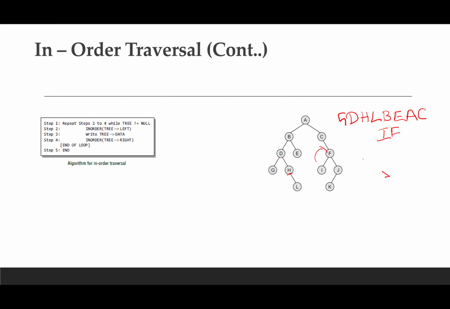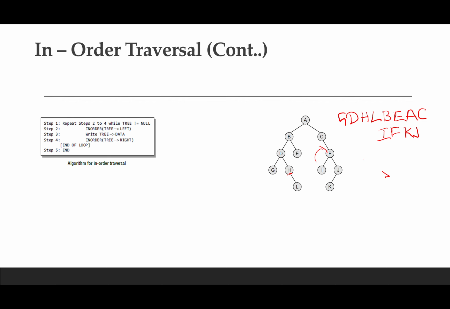No, so we visit K. Then we check whether K has a right child. K doesn't have a right child. Then we move to the parent of K, that is J. Then we check whether J has a right child. J doesn't have a right child. Then we have visited all the nodes.